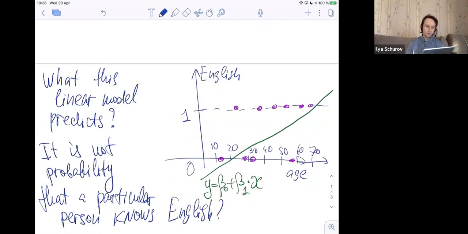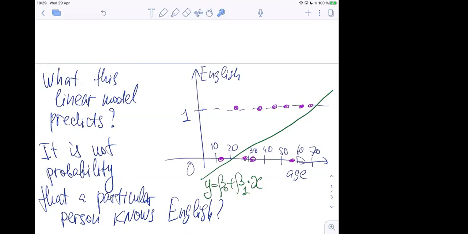Why am I so sure that these values cannot be interpreted as probability? Why is it not probability? Probability cannot be less than 0.